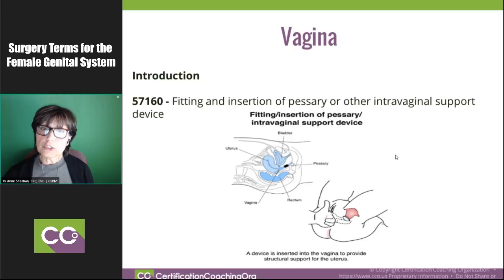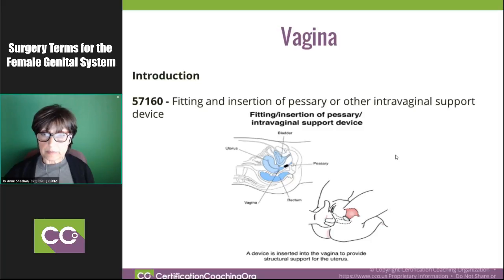Next, the fitting and insertion of a pessary or other intravaginal support device. The device is inserted into the vagina to provide structural support for the uterus. And this is such a common thing. I really never realized it until I started coding for OBGYNs.